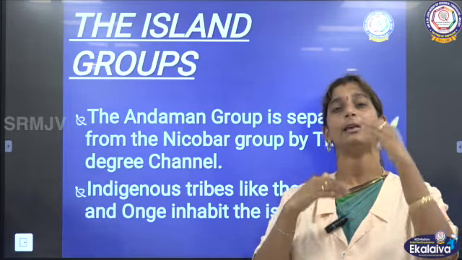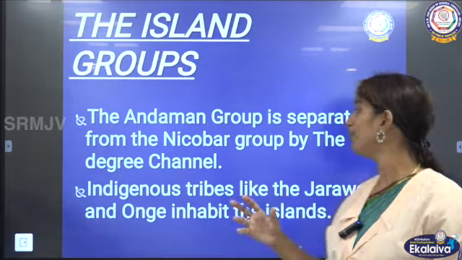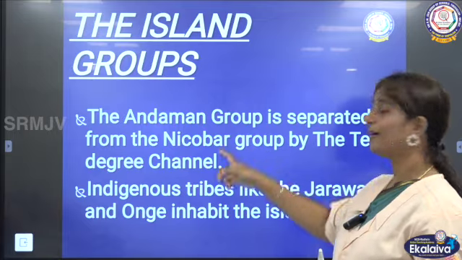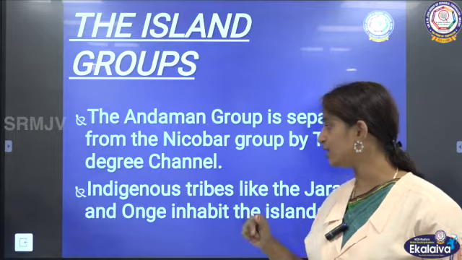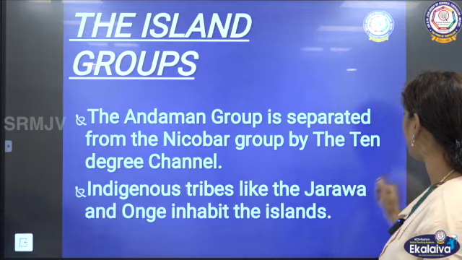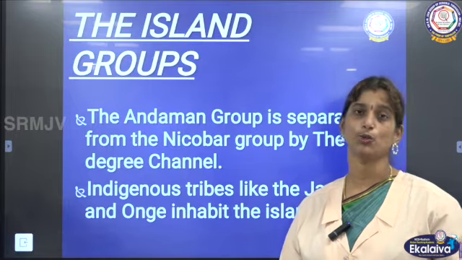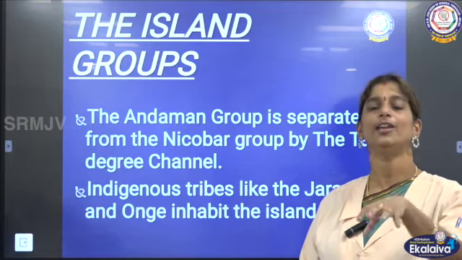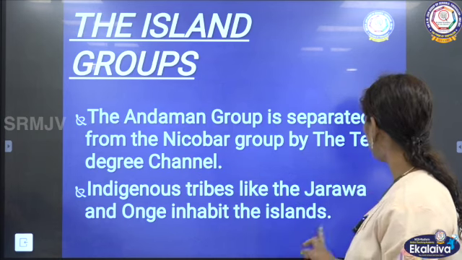That line separates the Andaman group from the Nicobar group. Indigenous tribes like Jarawa and Onge inhabit the island. So there is a group of tribal people living on this island, called Jarawa and Onge.